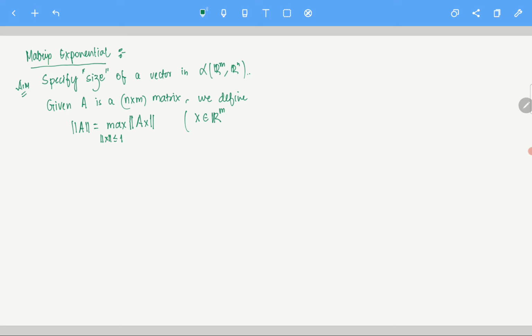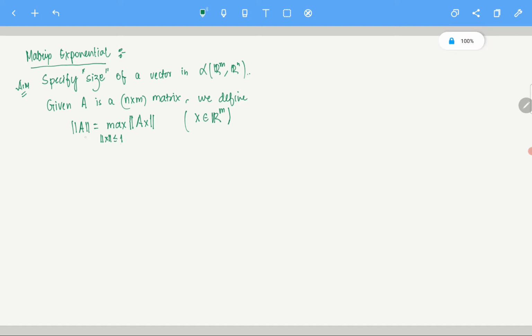The small detail here is that this norm of x is an Rm norm, clear? x is in Rm, so norm x less than or equal to 1.